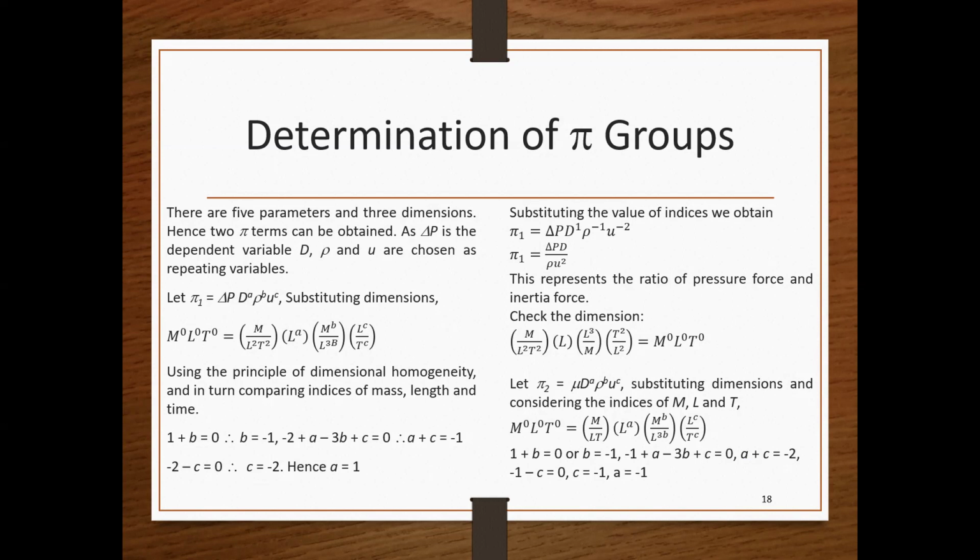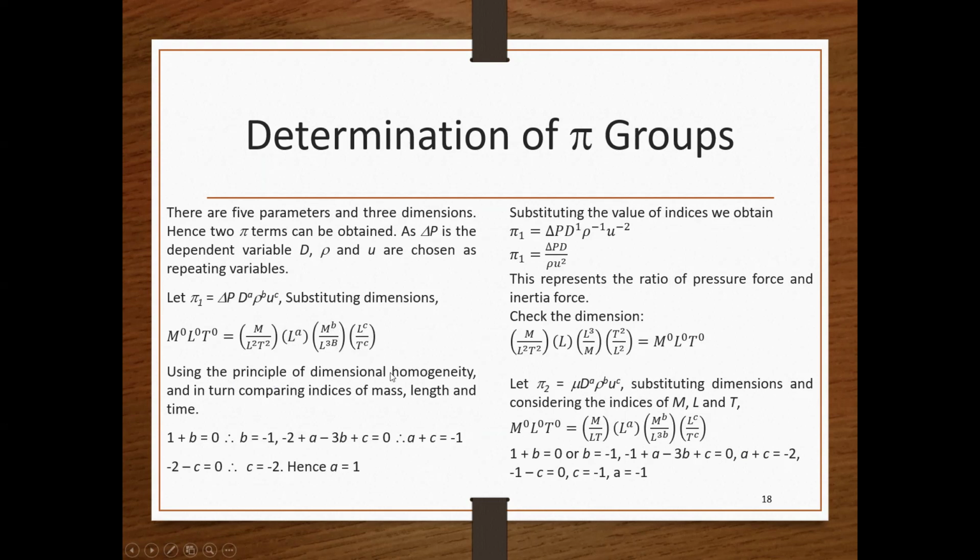Substituting dimensions in M, L, T, all of that is 0. So delta P is M over L squared T squared, so no exponent there. The diameter is L exponent a, rho is M exponent b over L to the 3b, plus L exponent c over T exponent c.